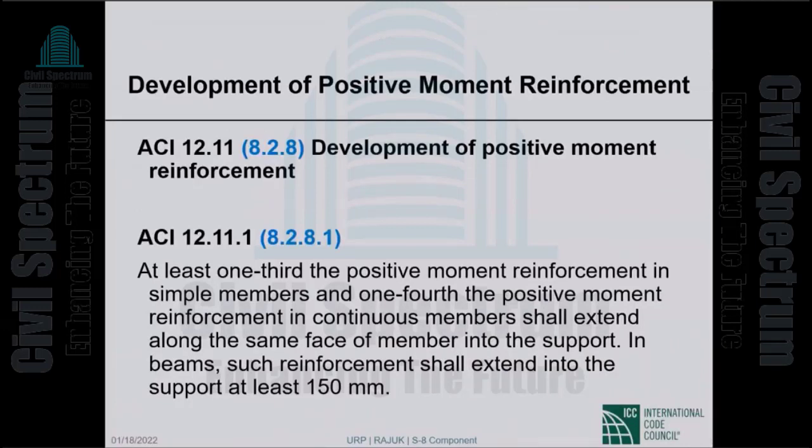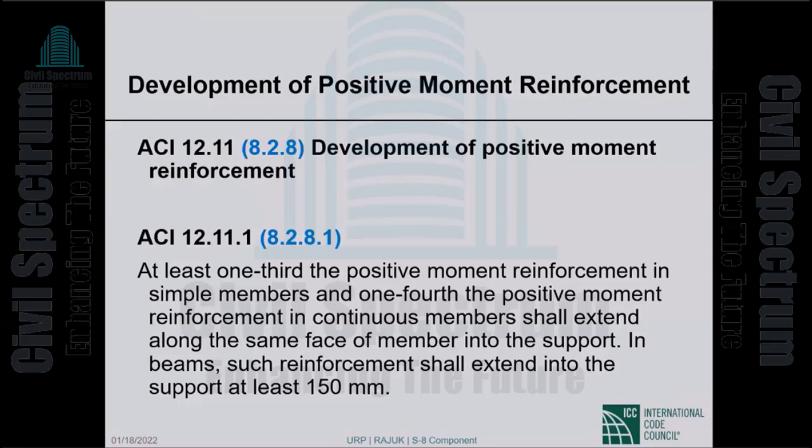Okay. Now, so far it was development of reinforcement in flexure in general. Now this is development of positive reinforcement, positive moment reinforcement. Okay? So at least 1/3 the positive moment reinforcement in simple members, and 1/4 the positive moment reinforcement in continuous members shall extend along the same face of member into the support.